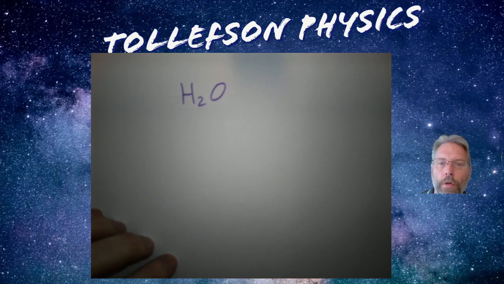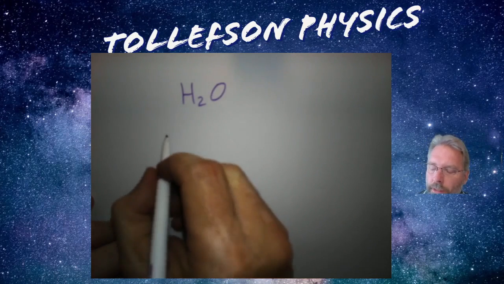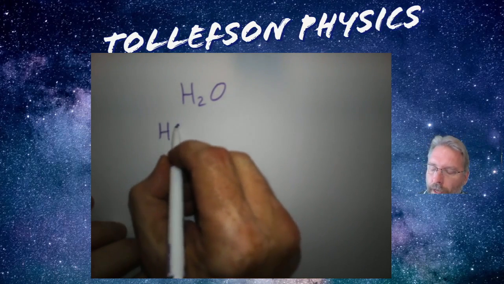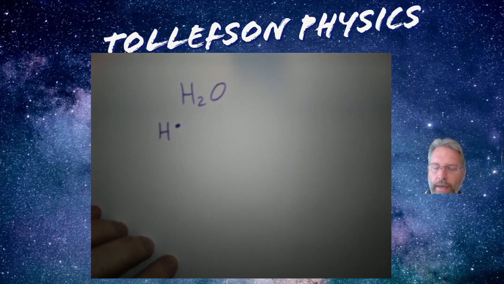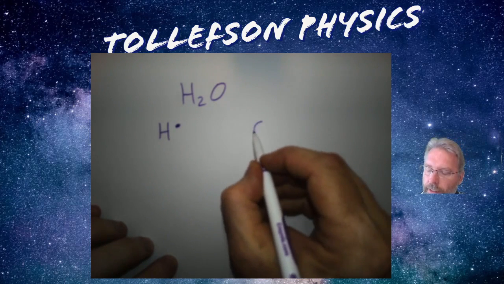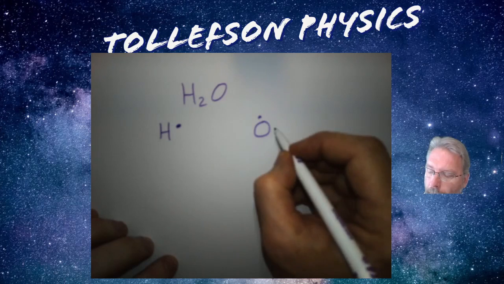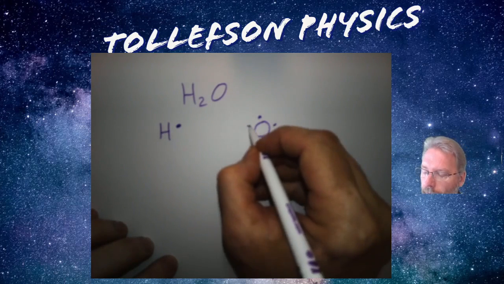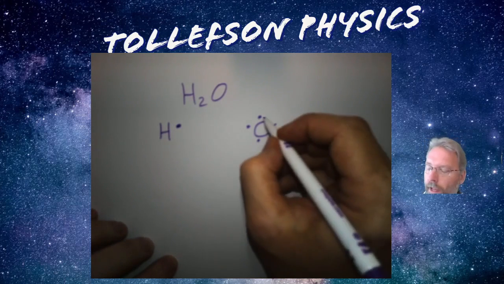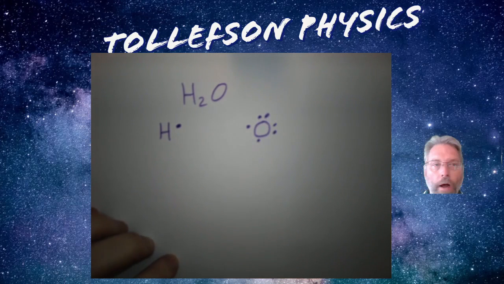When we look at the periodic table, hydrogen has one valence electron, so I'll draw it that way. Oxygen has 6. The way I draw valence electrons is I always go top, bottom, right, left for my first 4, and then I can pair up number 5 and number 6.